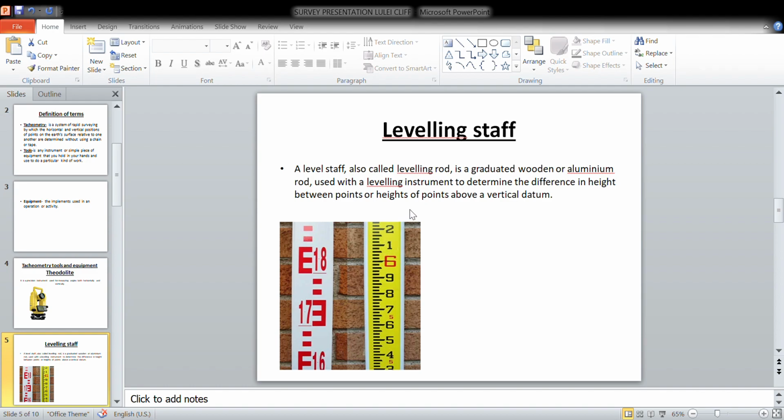The leveling staff is also called a leveling rod. It is a graduated wooden or aluminum rod used with a leveling instrument to determine the difference in height between points or heights of points above the vertical datum.